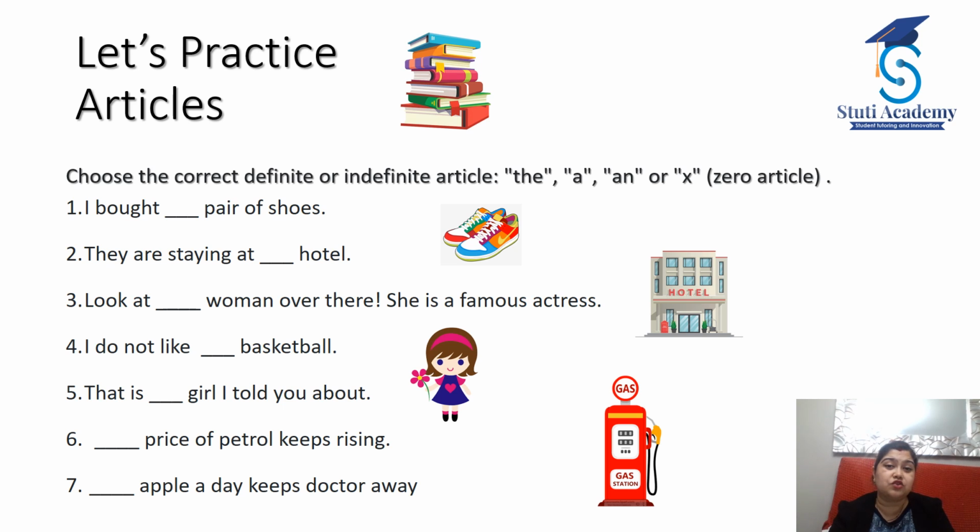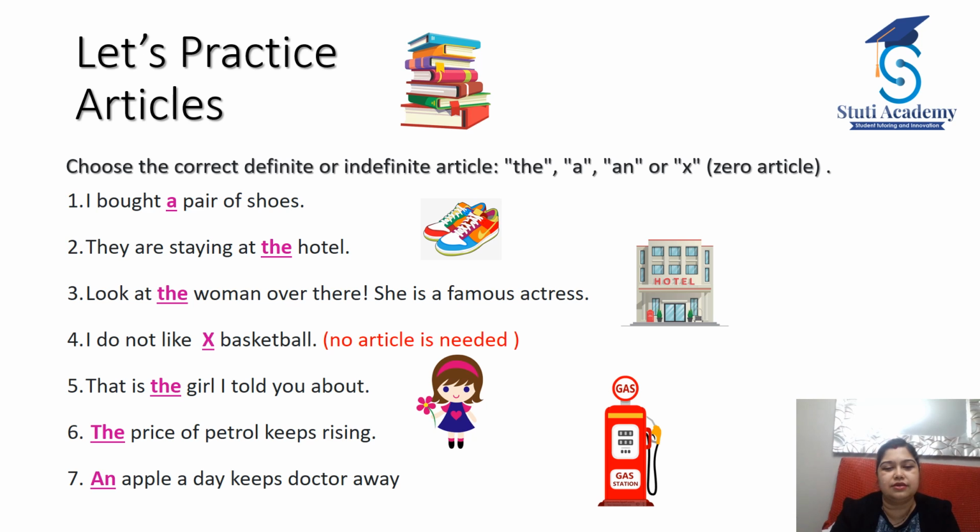She's a famous actress. I do not like dash basketball. That is dash girl I told you about. Dash price of petrol keeps rising. Dash apple a day keeps doctor away. Think about the articles. I hope you're getting it right. Use the correct article for the correct sentence.